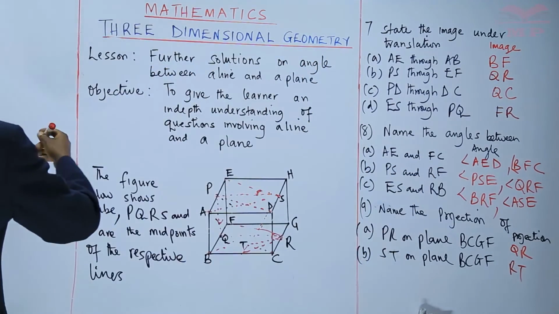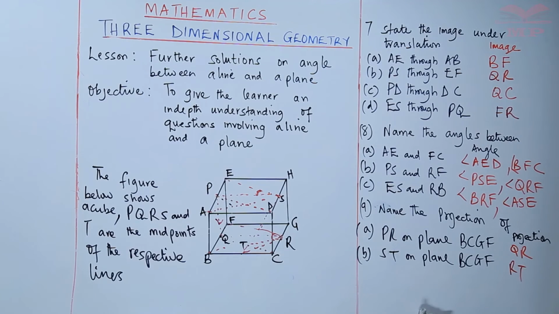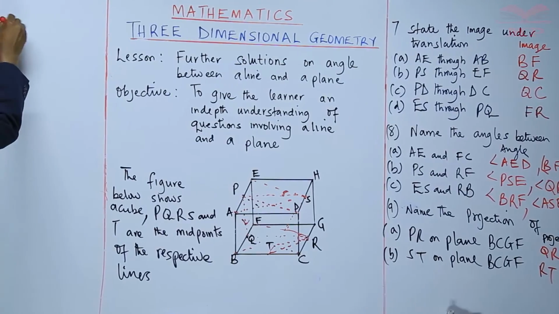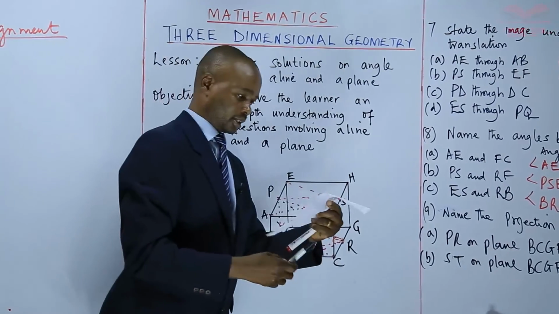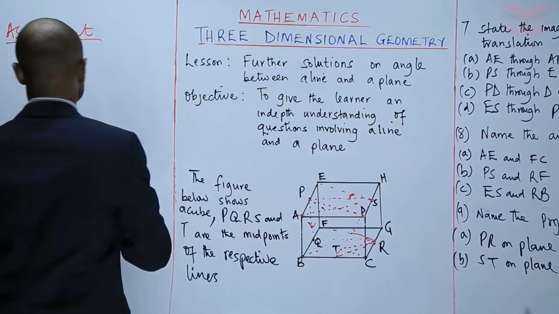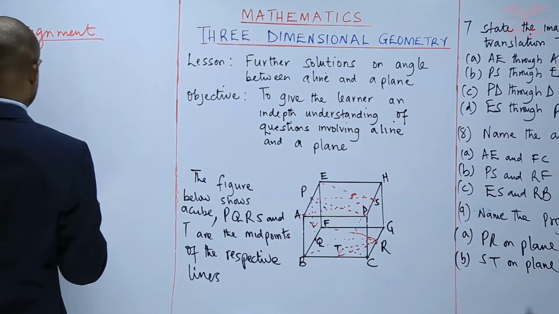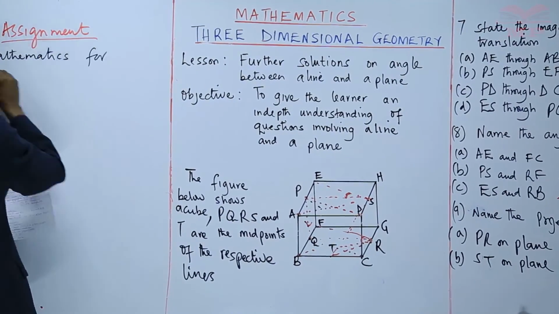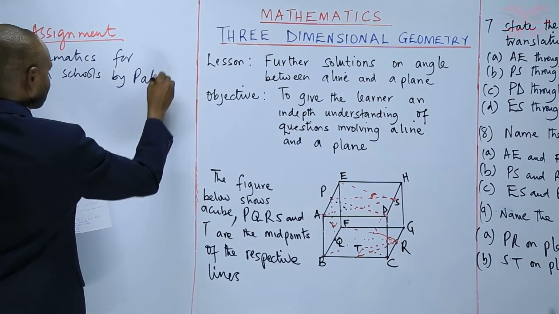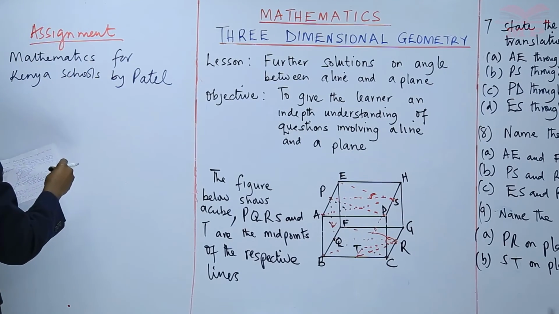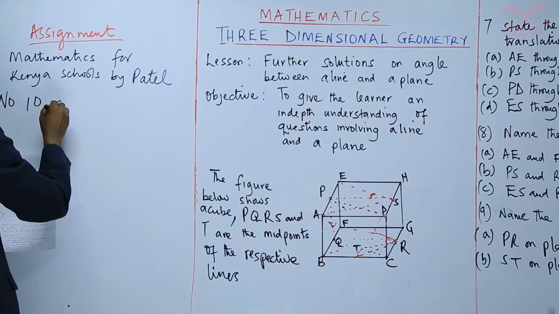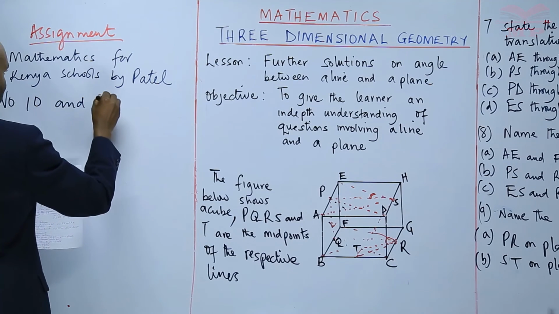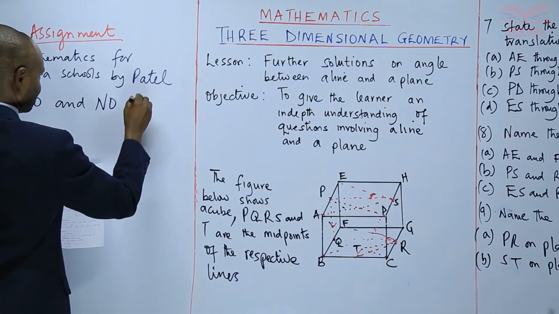So for the assignment, you'll work out in Mathematics for Kenyan Schools by Patel, number 10 and number 11.